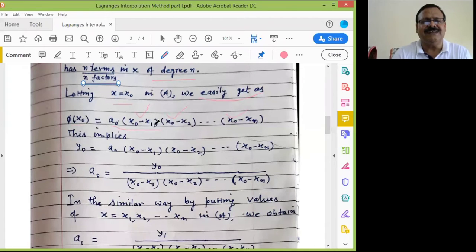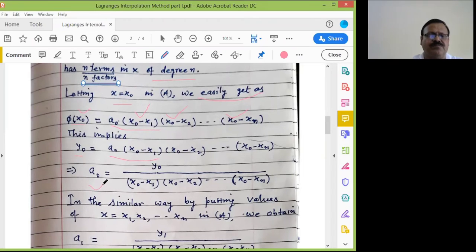Wherever x naught appears on the right hand side, that term becomes 0, because x naught enters into all other terms. The only remaining part represents the primary function chosen, so it is y naught. And a naught is computed in this way.